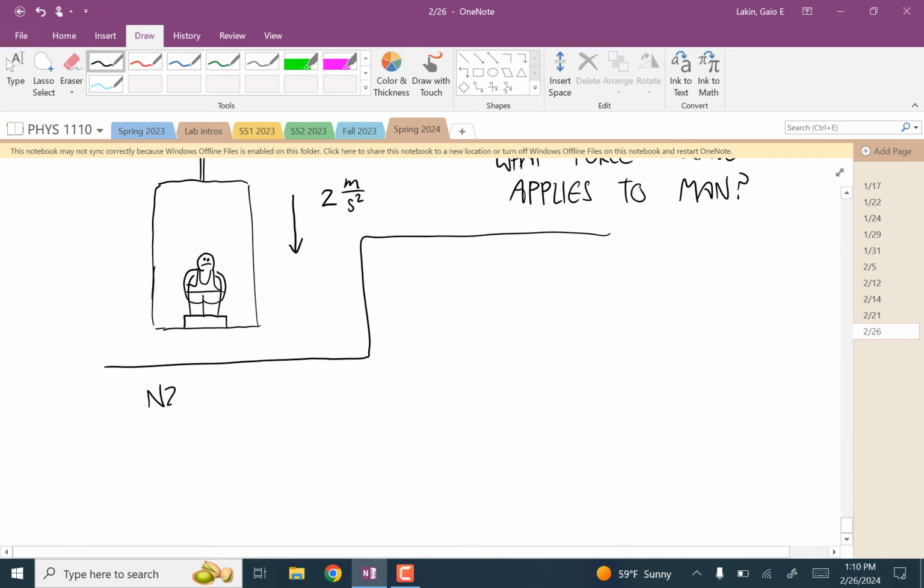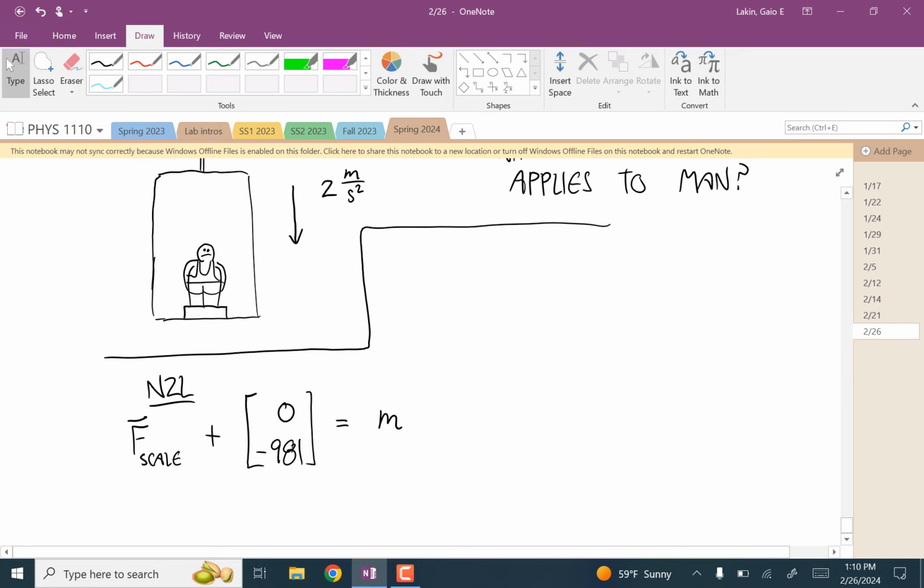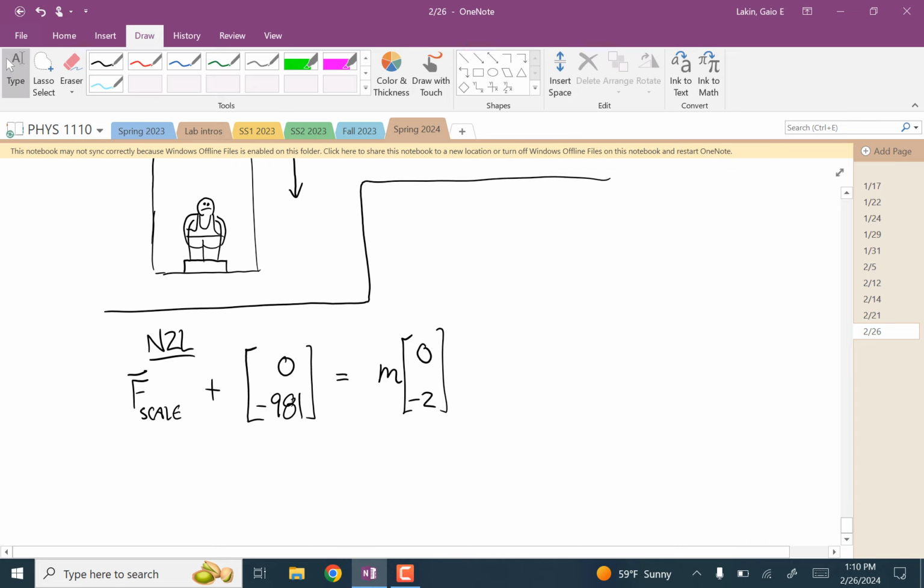So Newton's second law says the force applied by the scale plus the weight force, which is 0, negative 981, is equal to the mass of the man times his acceleration. If this elevator and everything in it is accelerating down at 2 meters per second squared, the acceleration is 0, negative 2. Okay? And so now I'll do the algebra.